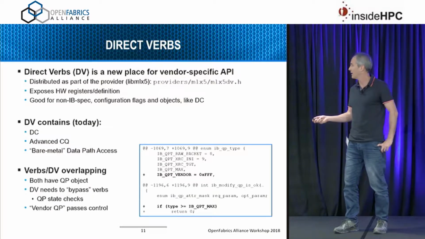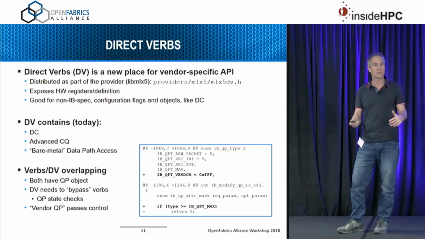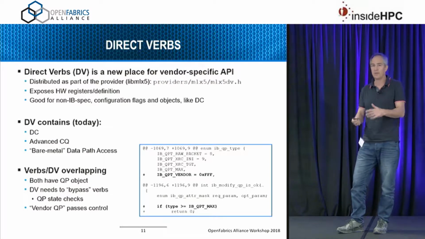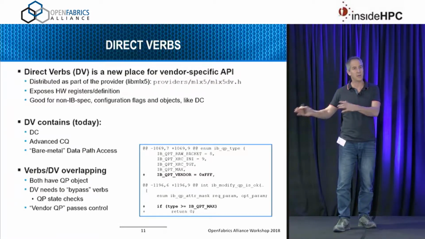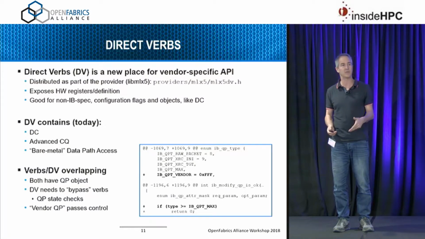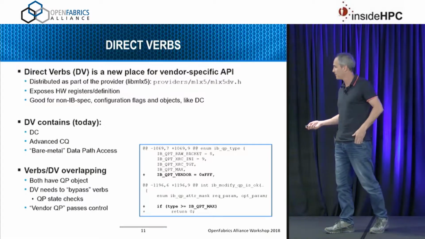It's not XRC or others, it's a different range. Using this QP type vendor, we allow the modify QP, which is not in my scope, it's a specific driver QP type, so I'll allow the QP type to be managed by the vendor. I'll just facilitate the creation of this QP through the IB core.